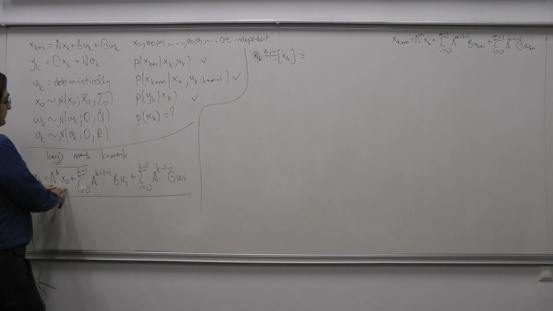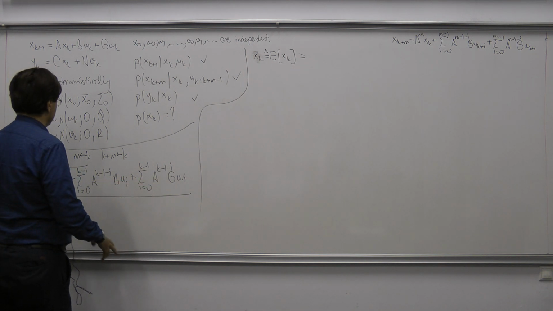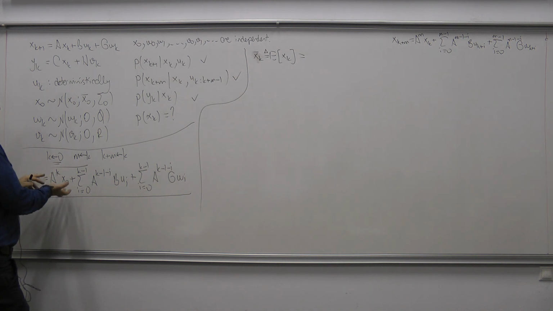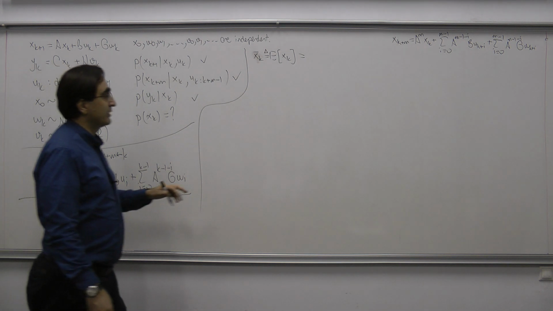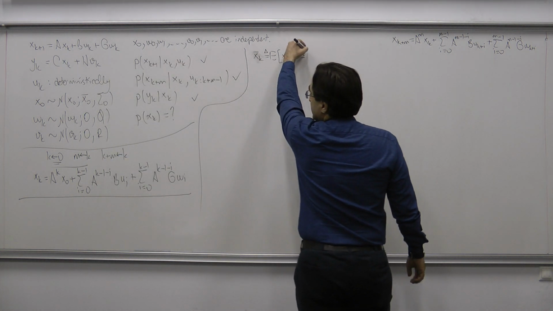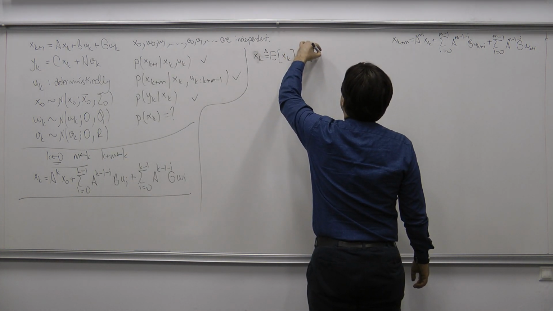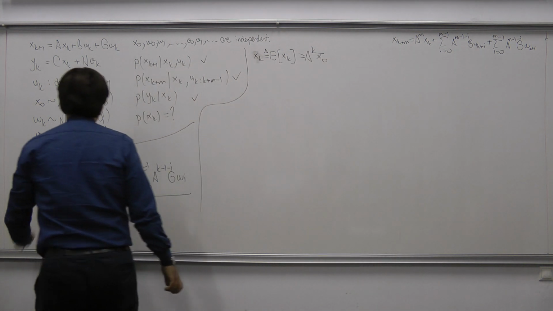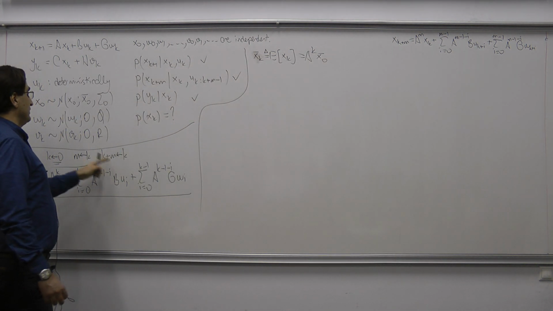Expected value can be distributed over these summations, so I can take the expected value of each term. A to the k is deterministic and linear. It can get outside the expectation, and I can write here a^k times the expected value of x0, which is x0 bar, and the expected values of these quantities.